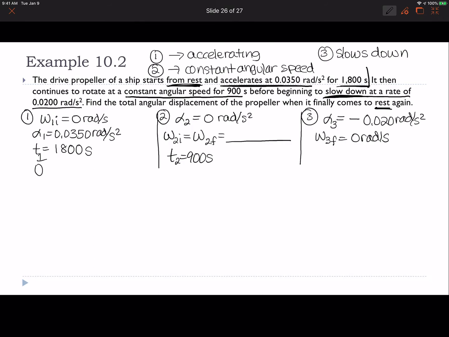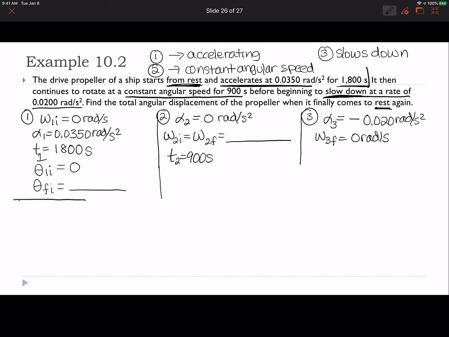So I'd like to say what is the final angular position after motion 1. I'm going to say that it starts off at 0, and I'd like to know what that final angular position is. I can use one of the kinematic equations and solve for that.